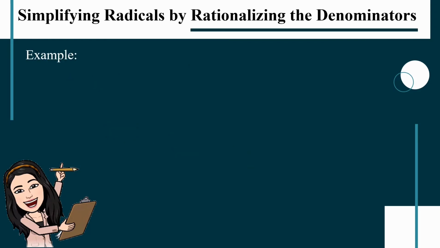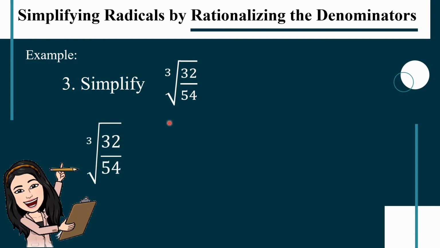For our third example, we have simplify cube root of 32 divided by 54. In simplifying it, paghiwalayin ulit natin, or apply natin yung ating quotient rule. That would be equal to cube root of 32 divided by cube root of 54. Ang denominator natin ay cube root of 54. If you notice, masyadong malaki, di ba?